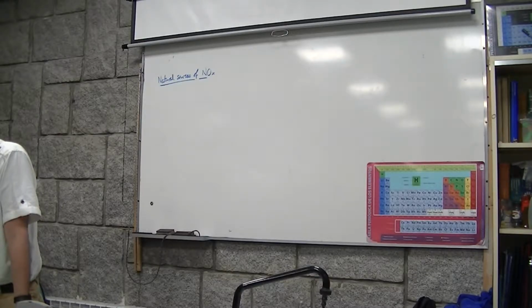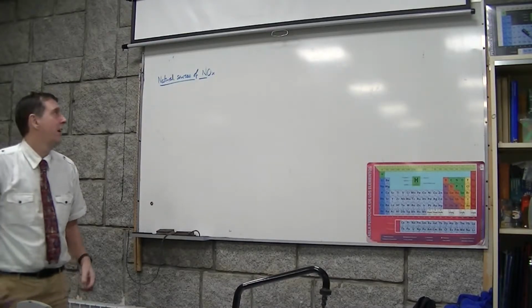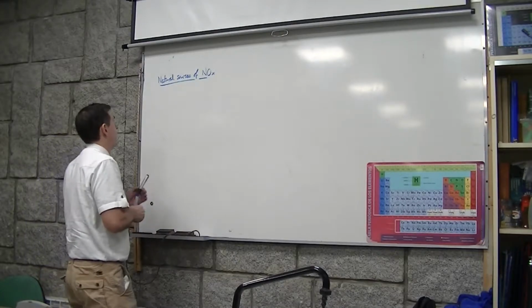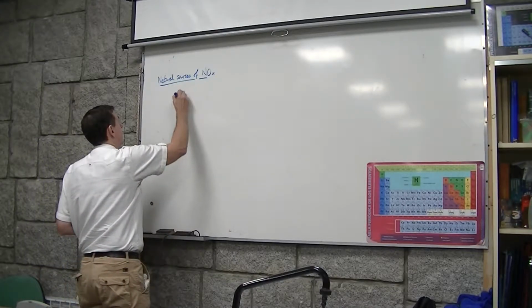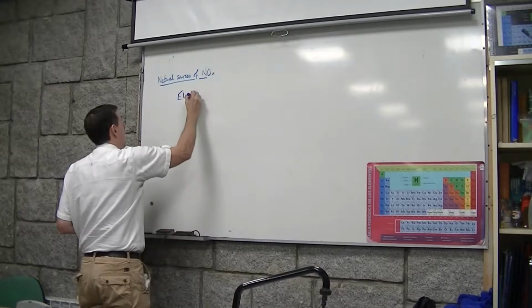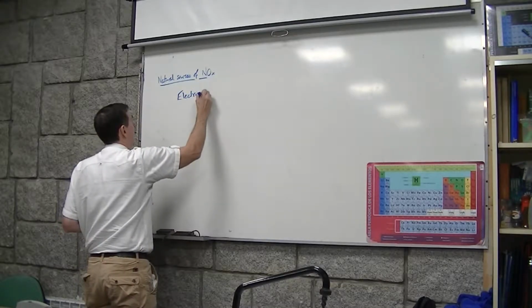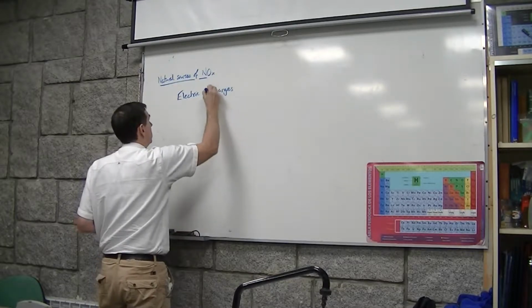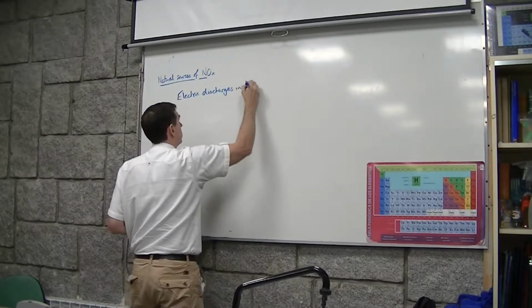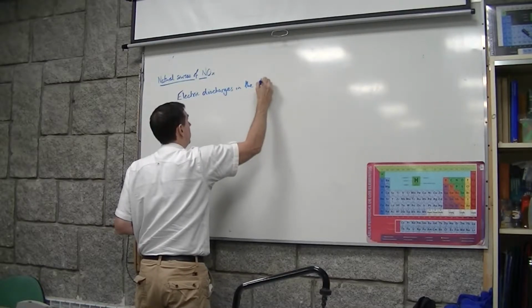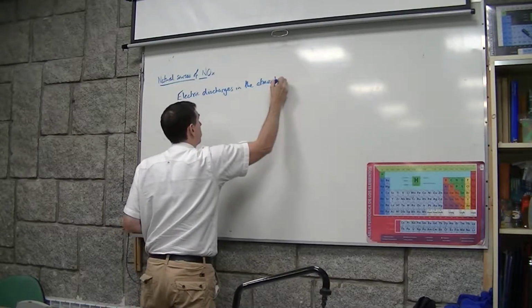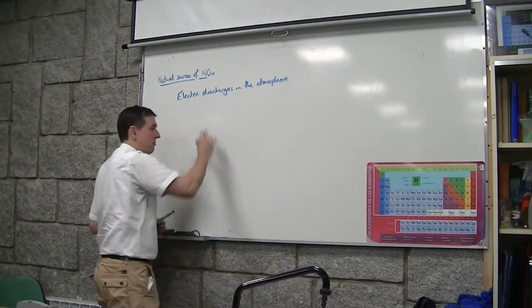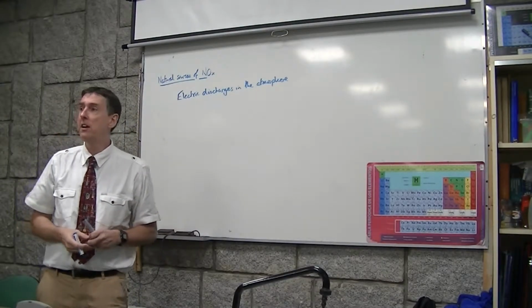Under what circumstances do we get a large amount of energy in the atmosphere? Thunderstorms. Nice. Electric arc, or electric discharge. Electric discharges in the atmosphere effectively provide columns of incredibly high temperatures.